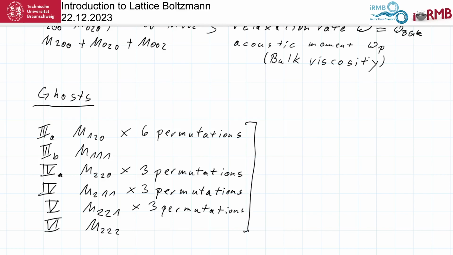Now, question. Has each of these types its own relaxation rate? Or could there even be more, actually?